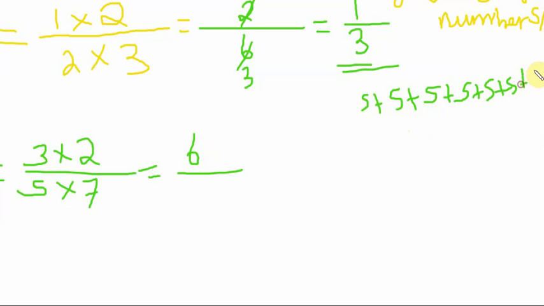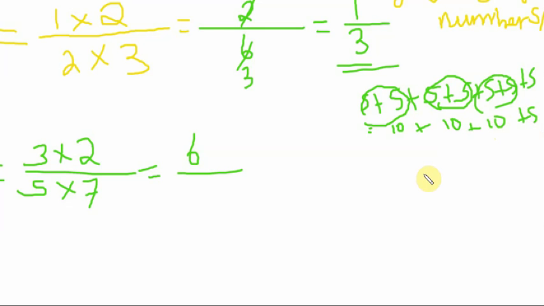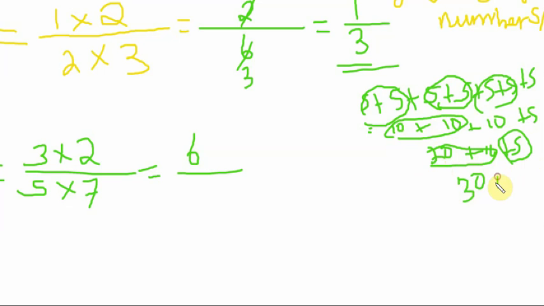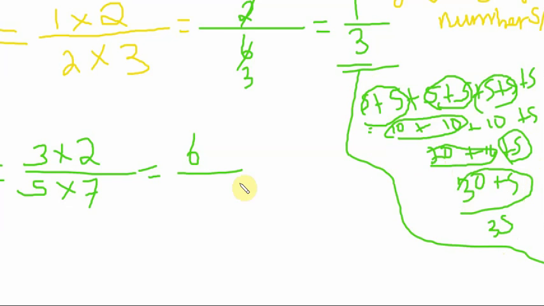This is 10 plus 10 plus another 10 plus 5. 10 plus 10 is 20, plus 10 is 30. 30 plus 5 gives us 35. Wow, what a mess. So it's 35.